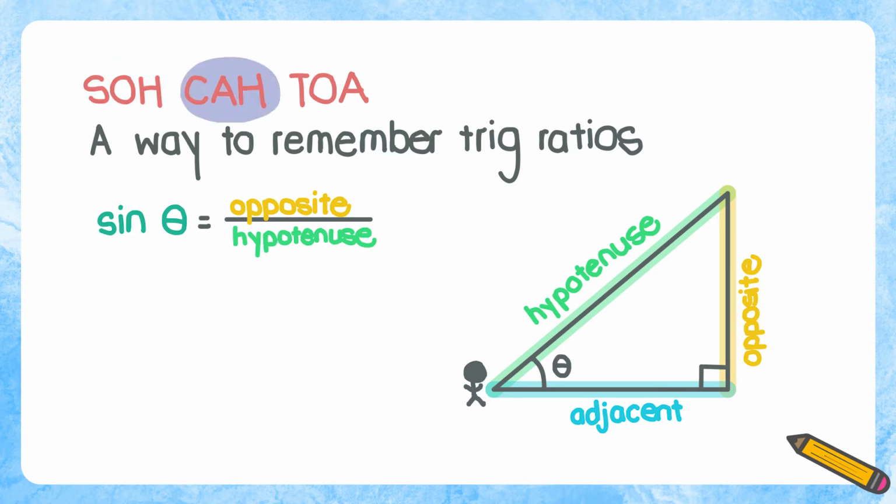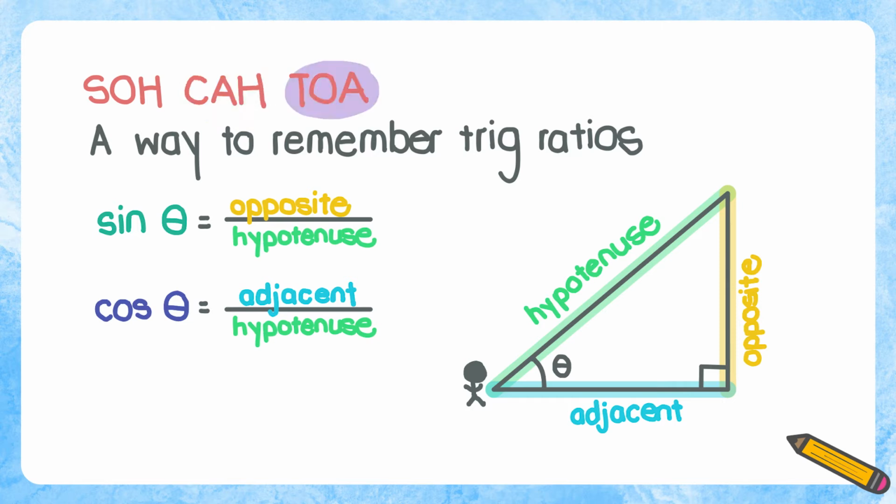What does the second part of SOHCAHTOA tell us? This tells us that cosine of theta equals the adjacent side over the hypotenuse. And lastly, what about TOA? This tells us that tangent of theta equals the opposite side over the adjacent side.